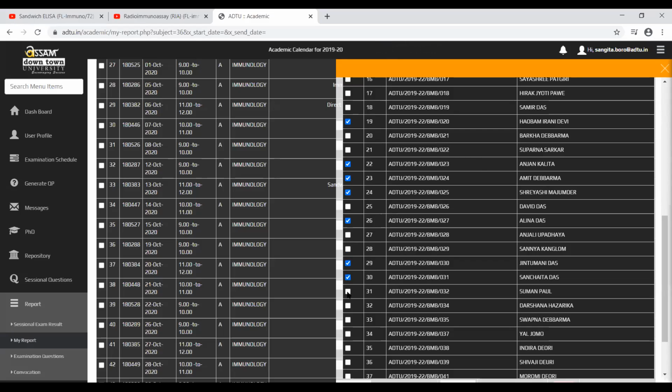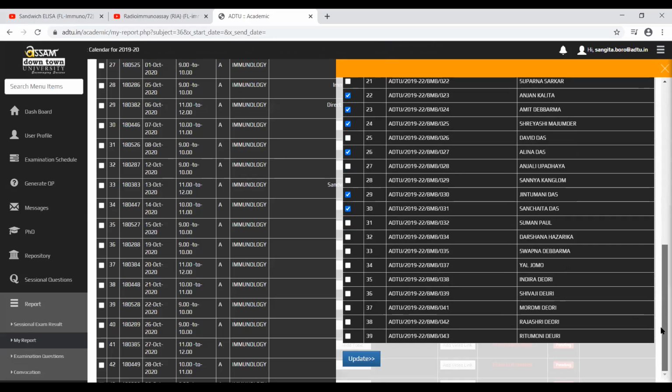Suman, Darshana, Swapna, present, ma'am. Indira, present, ma'am. Shivaji, Moromi, present, ma'am. Rajashree, present, ma'am. Ritumani.